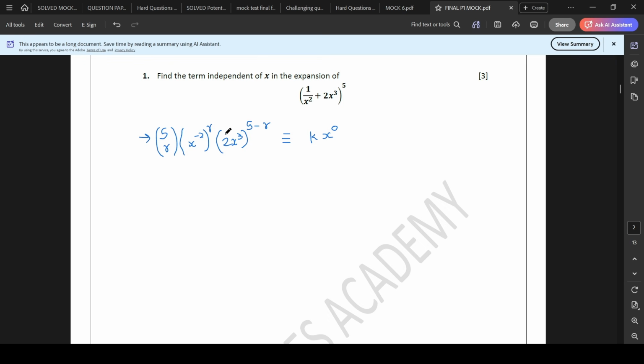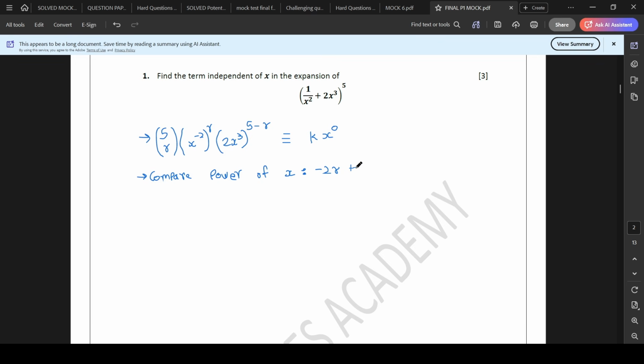I'll simply compare the powers of x on both the sides. So I'll just say compare power of x. So it will become minus 2r. Of course, the first term does not have an x term. The second term is having the minus 2r. And the third bracket is having the power x to the power of 15 minus 3r.